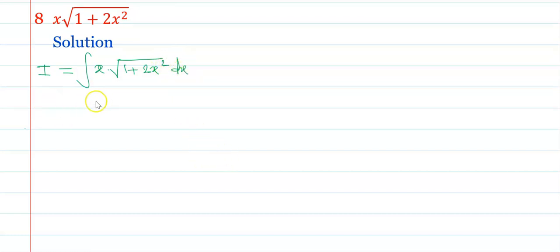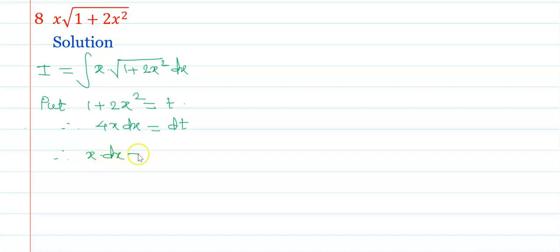Now what is the substitution here? We can see here 1 plus 2x square, the derivative of x square is 2x, and it is present here. Therefore put 1 plus 2x square equal to t, and therefore the derivative of 1 is 0, of 2x square is 4x, so 4x into dx is equal to dt, and hence x into dx is equal to dt upon 4.